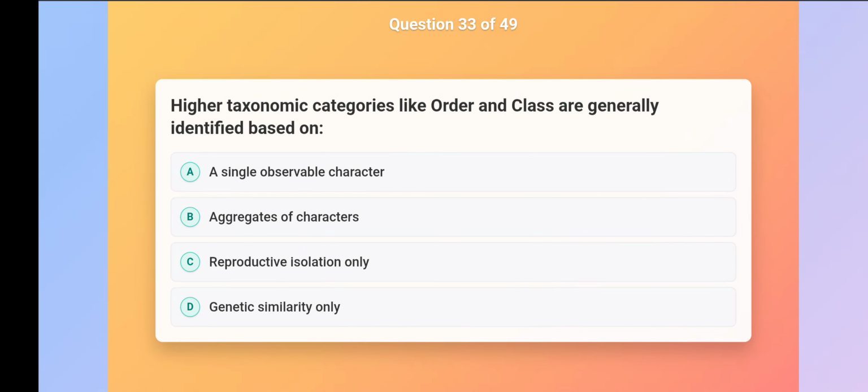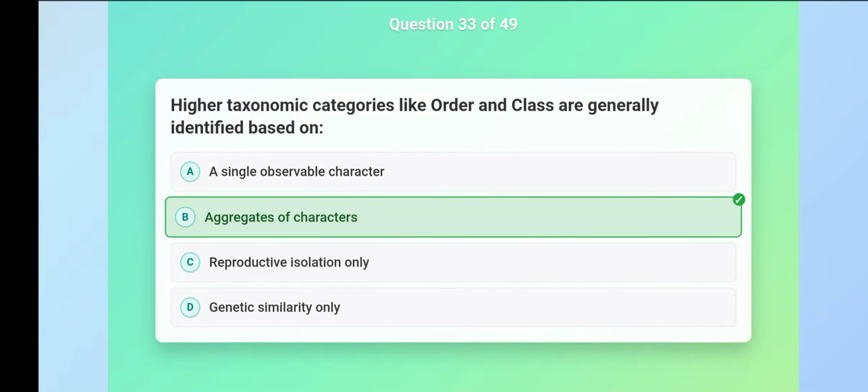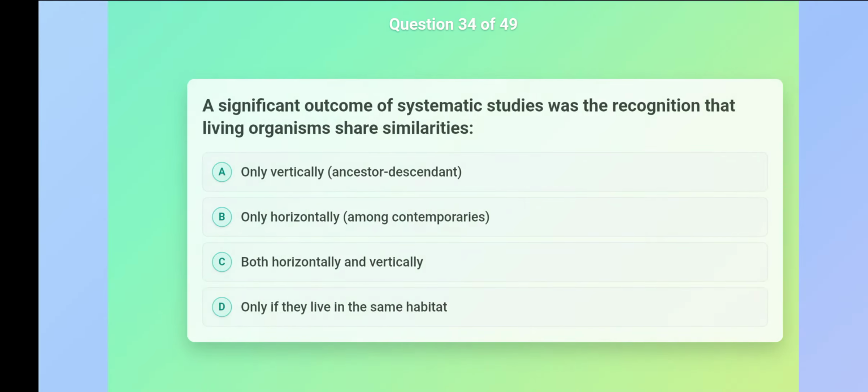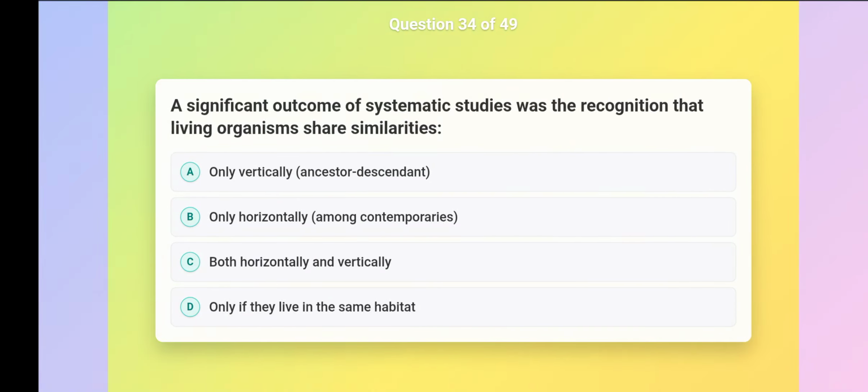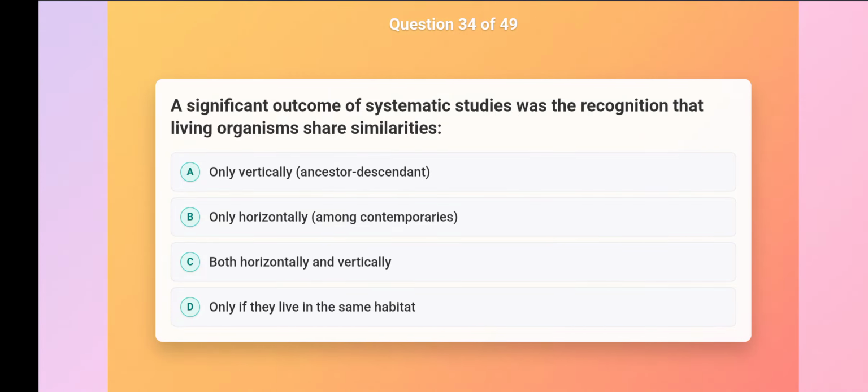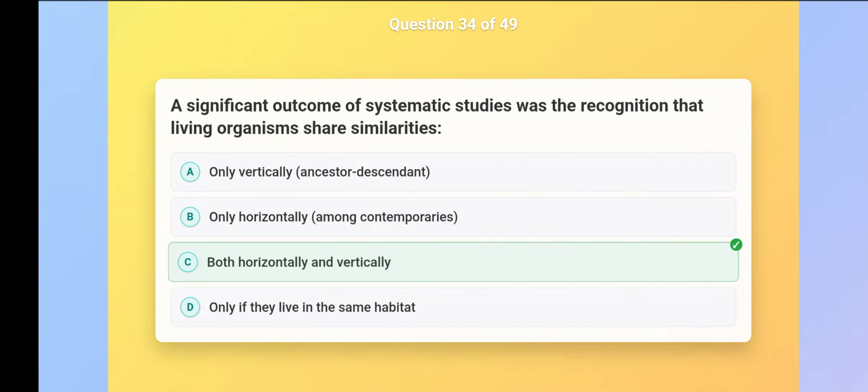Higher taxonomic categories like order and class are generally identified based on aggregates of characters. A significant outcome of systematic studies was the recognition that living organisms share similarities, both horizontally and vertically.